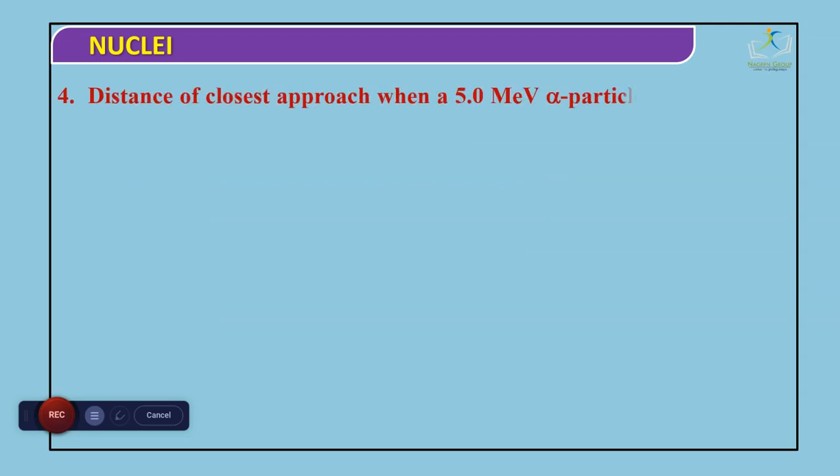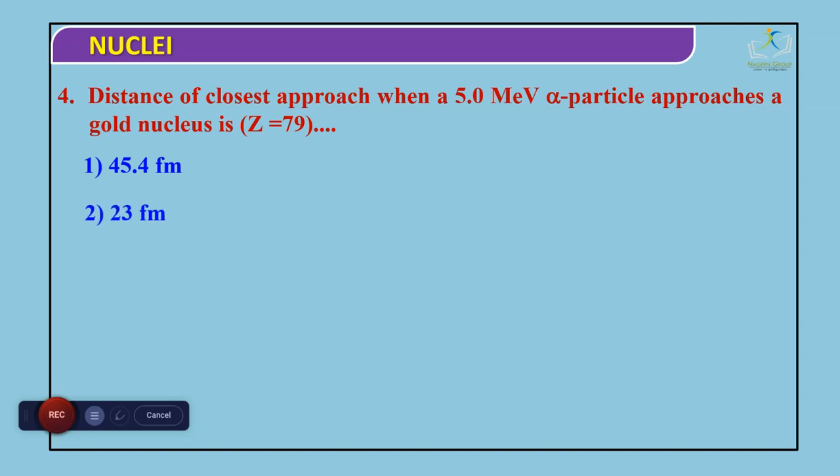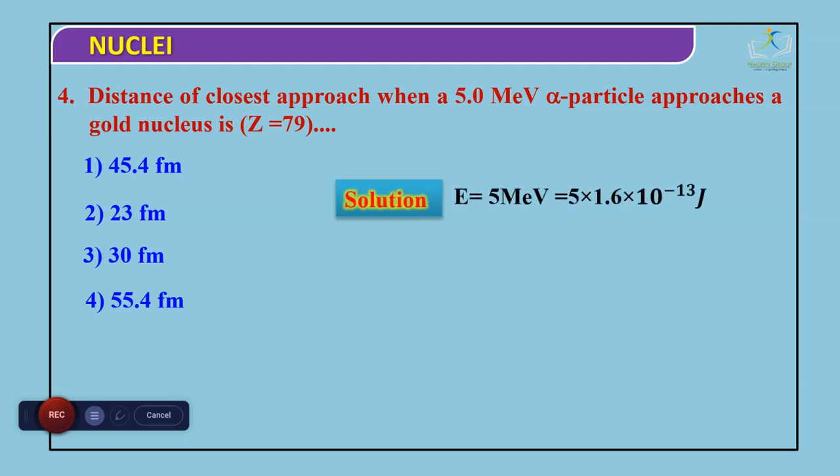Next question, we have the distance of closest approach when a 5 mega electron volt alpha particle approaches a gold nucleus. Z is equal to 79. The options are 45.4 fermimeter, 23 fermimeter, 30 fermimeter, 55.4 fermimeter. In the solution, E is equal to 5 mega electron volt, which means 1.6 × 10^-13 joule.